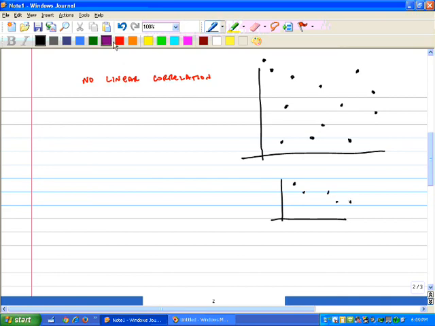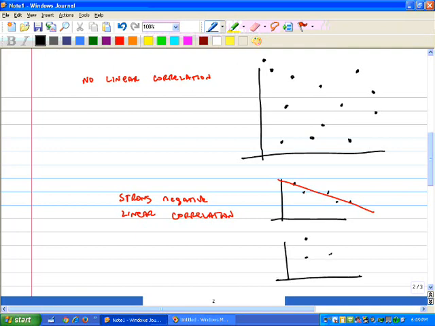We can have data sets that when you plot them would have a strong negative linear correlation, or data sets that when you plot them would have a weak negative linear correlation.